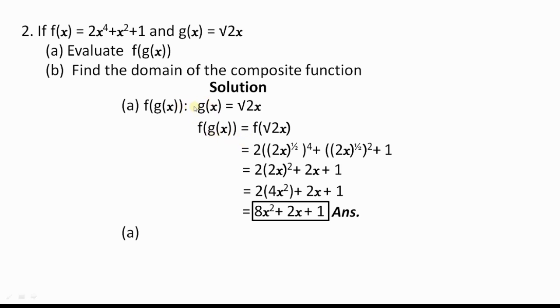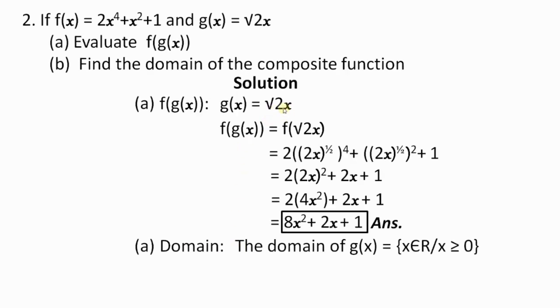So we go right ahead and find the domain of g of x, which is the inner function. Now, since we have 2x as a square root, you wouldn't want x to take on any negative value because the square root of a negative number is an imaginary number.